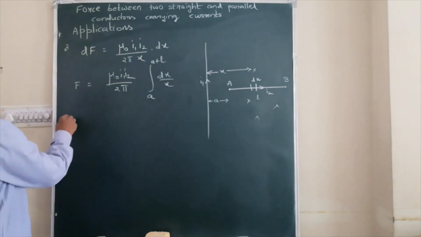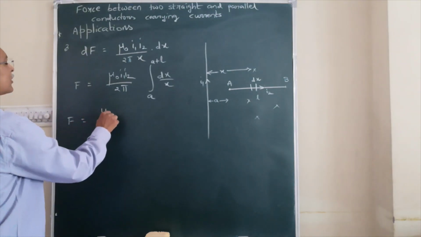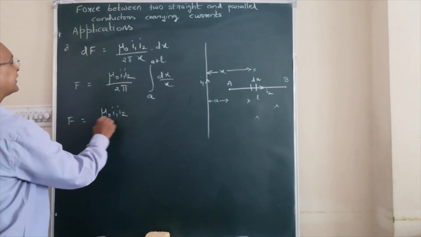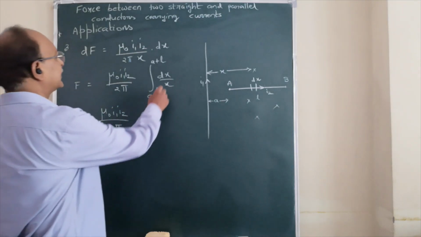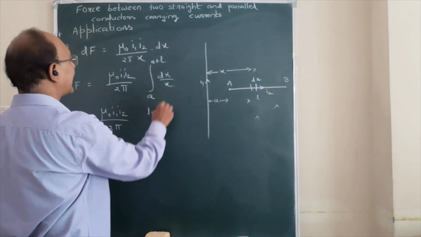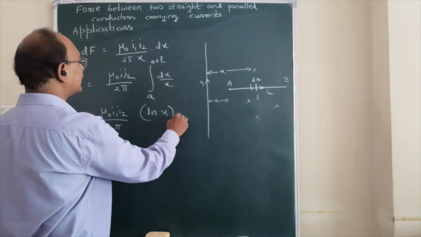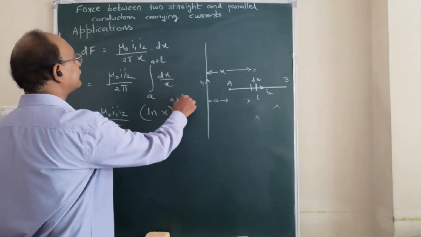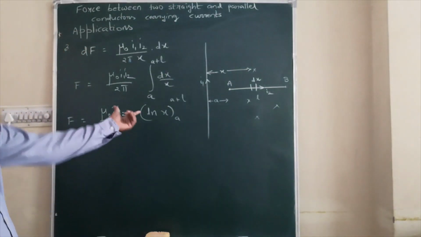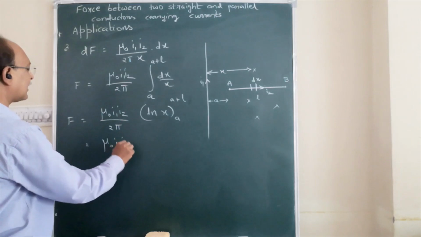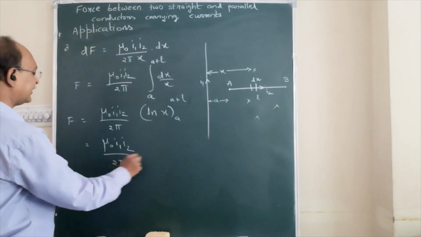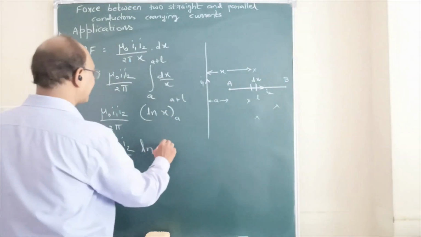So F is equal to mu naught I1 I2 by 2 pi, log x from A to A plus L. Simplifying, we get mu naught I1 I2 by 2 pi log of (A plus L) by A.